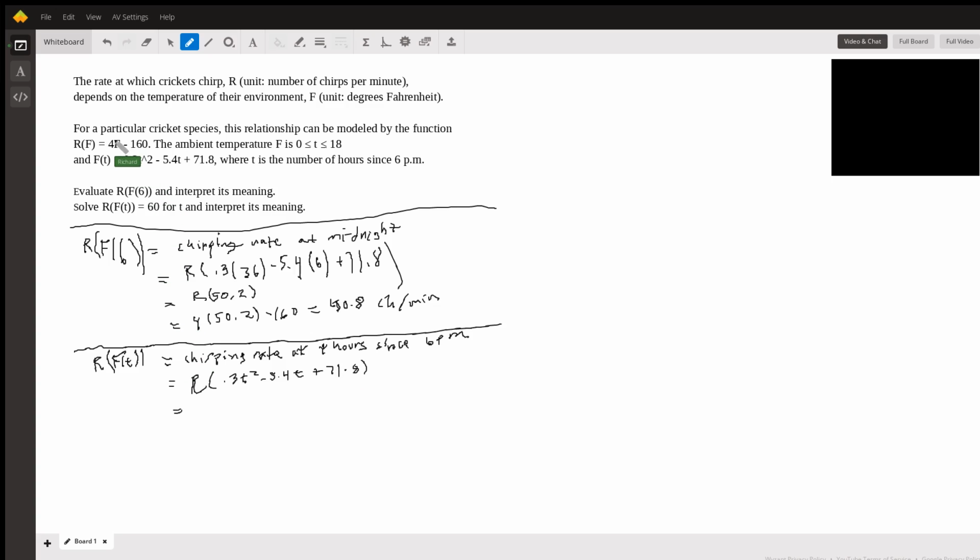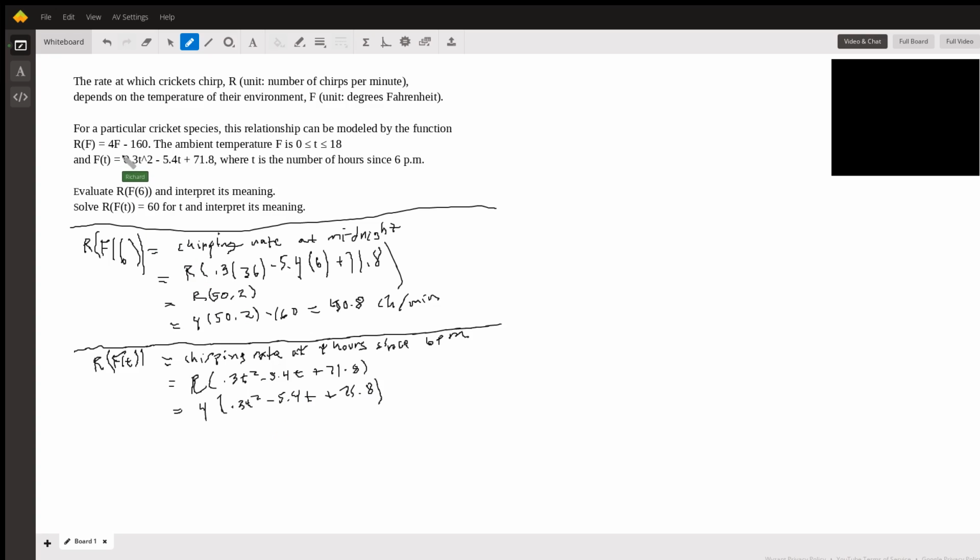Now we're going to apply the R formula here. You multiply this by 4 and subtract 160, so it's going to be 4 times this very same thing, 0.3 t squared minus 5.4 t plus 71.8.